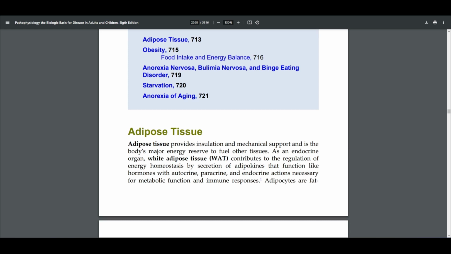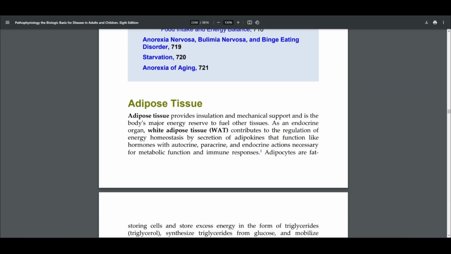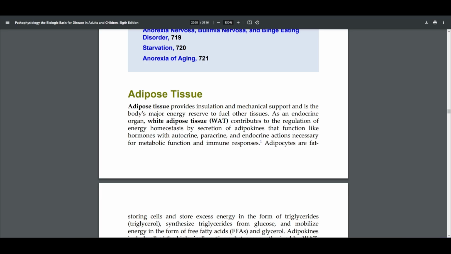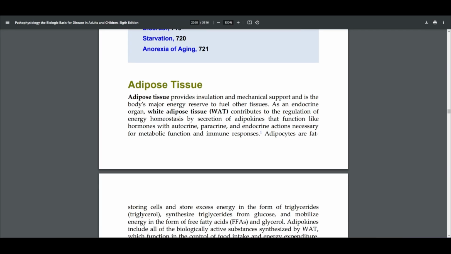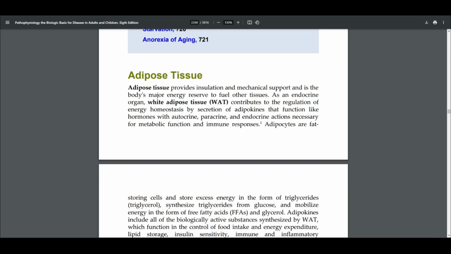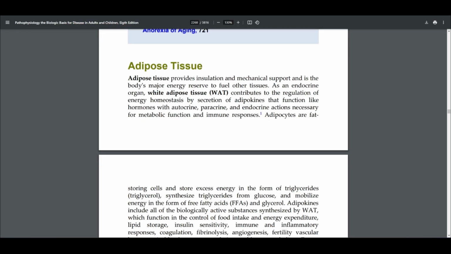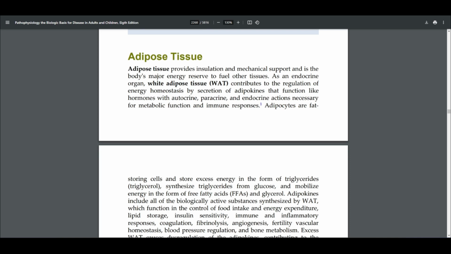Adipose tissue. Adipose tissue provides insulation and mechanical support and is the body's major energy reserve to fuel other tissues. As an endocrine organ, white adipose tissue, or WAT, contributes to the regulation of energy homeostasis by secretion of adipokines that function like hormones with autocrine, paracrine, and endocrine action necessary for metabolic function and immune responses.